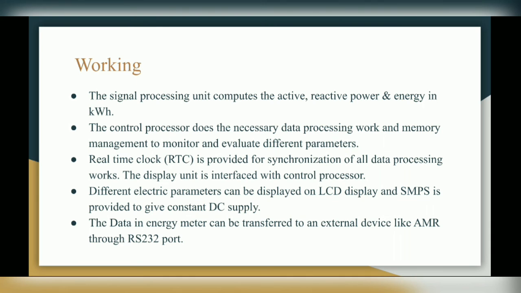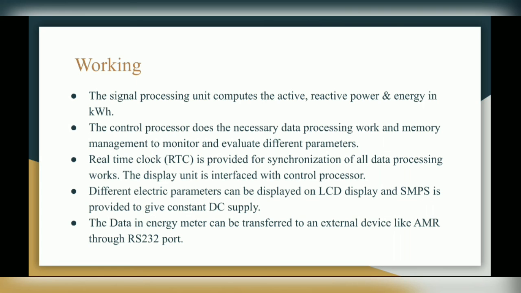Working: the signal processing unit computes the active reactive power and energy in kilowatt hour. The control processor does the necessary data processing work and memory management to monitor and evaluate different parameters. Real-time clock, that is RTC, is provided for synchronization of all data processing works. The display unit is interfaced with the control processor.